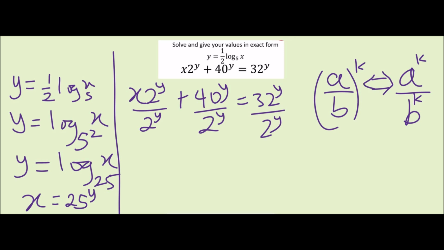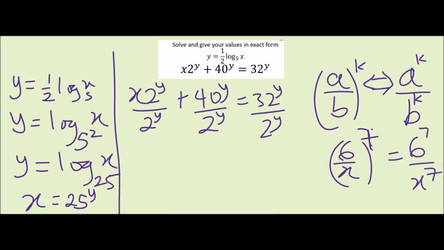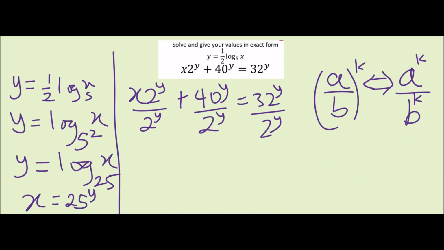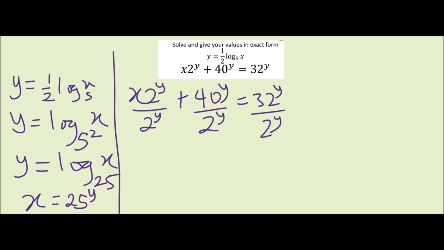If I have, let me use a number, let's say 6 over x to the power of 7, this can be 6 to the power of 7 over x to the power of 7. Also, if I have 6 to the power of 7 over x to the power of 7, this is the same as 6 over x, everything to the power of 7. So that's what I'm going to do. I'm going to make use of this law to express this.